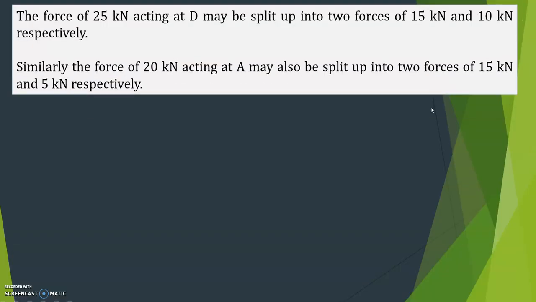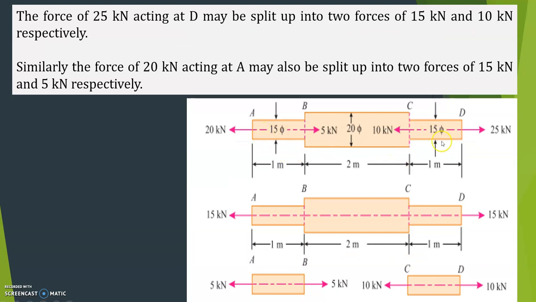Okay, next you have to split the force. How can you split the force? See, this is the given diagram, right? Here, 20 kilonewton is acting at A, 5 kilonewton at B, 10 kilonewton at C, and at D it is 25 kilonewton. How can you divide? The first thing, you can consider A and D, because here it is 20 kilonewton, here it is 25.